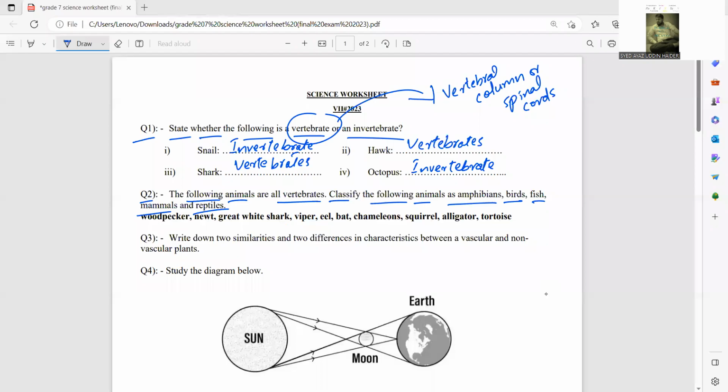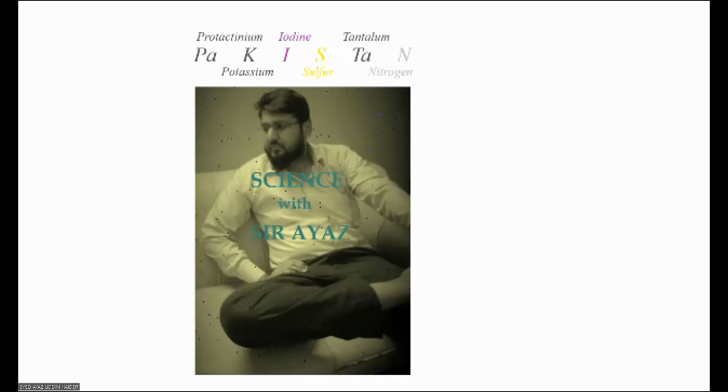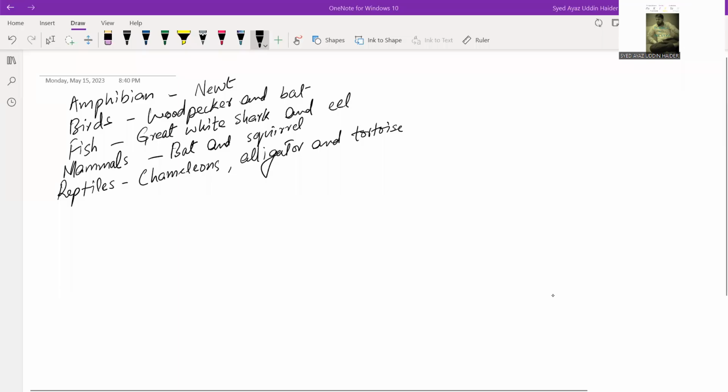Next question is about vascular and non-vascular plants. Write down two similarities and two differences in characteristics between a vascular and non-vascular plants. So I will start with the similarities between these two.